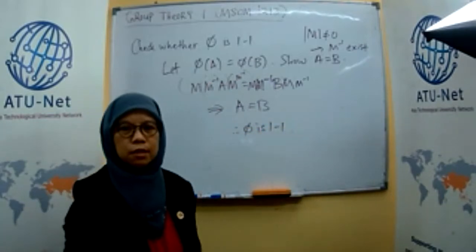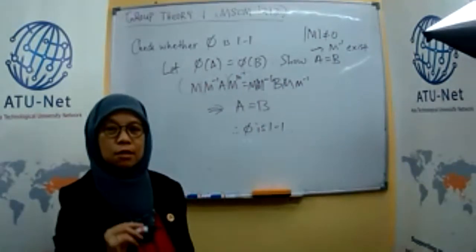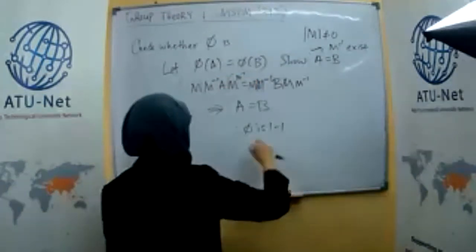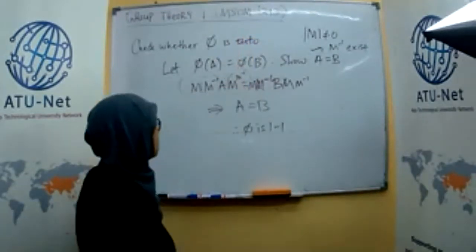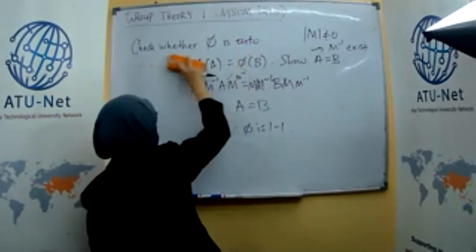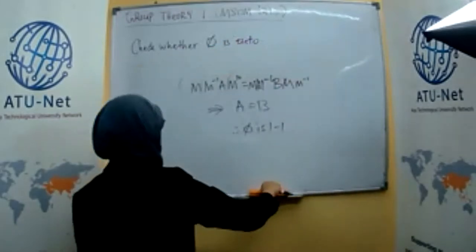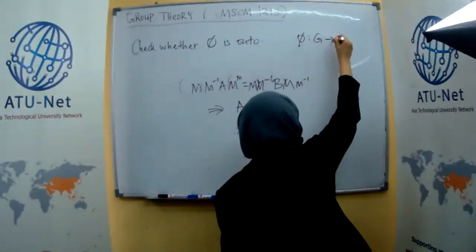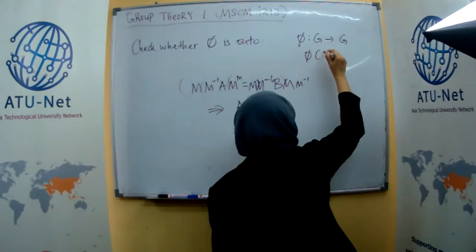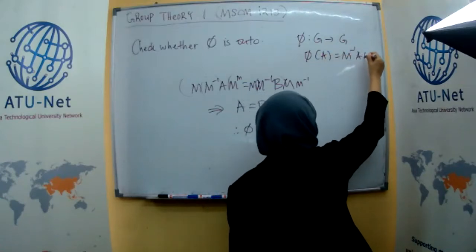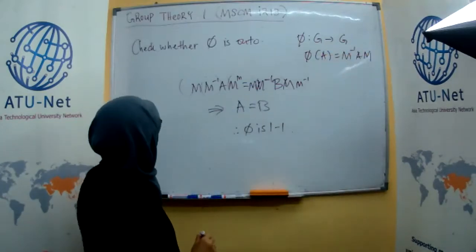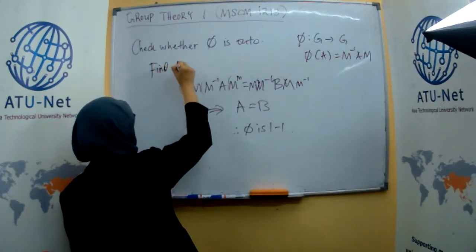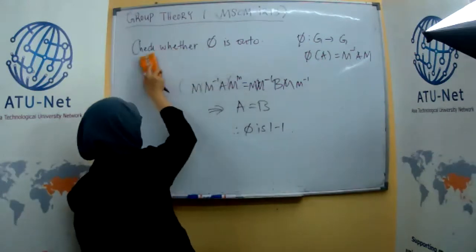Okay, the next one is to show it is onto. Now, to show it is onto, meaning phi is from G to G, phi of A is M inverse AM. So to show this is onto, find A in G. Okay, no. We do this.